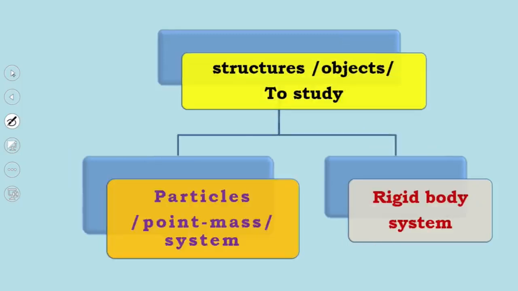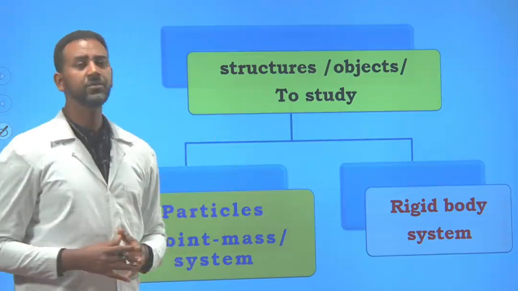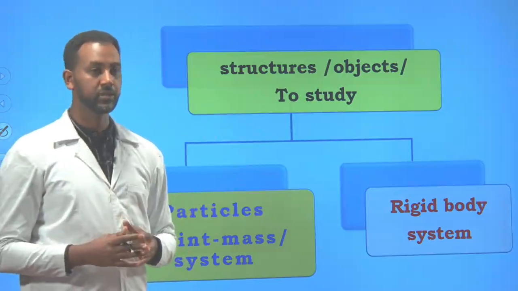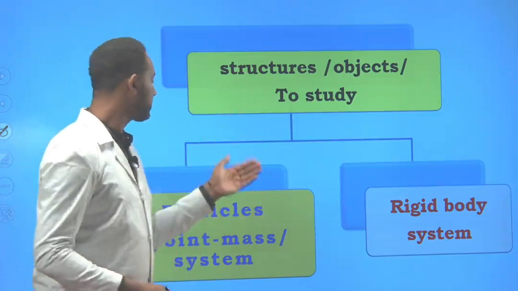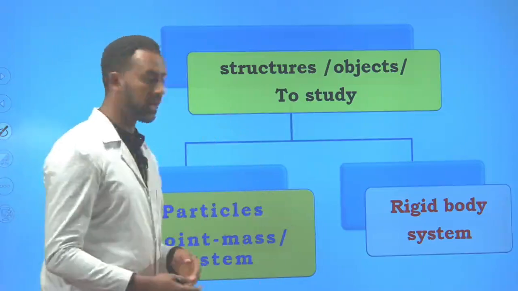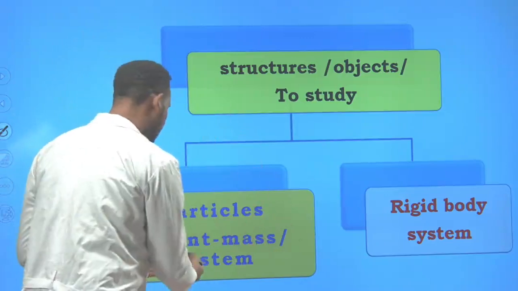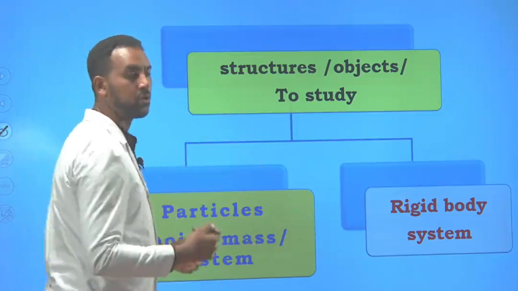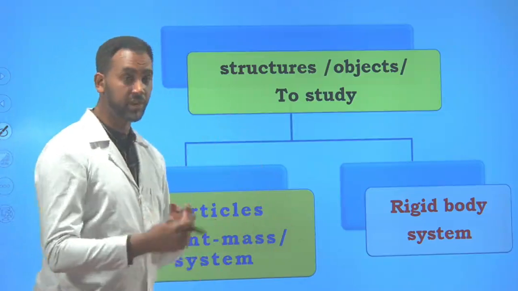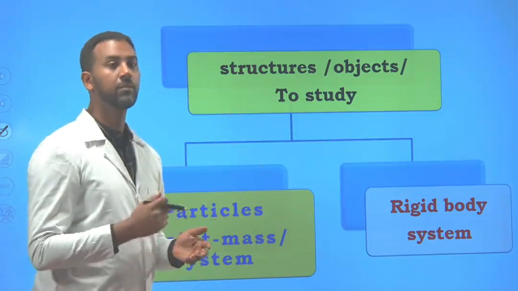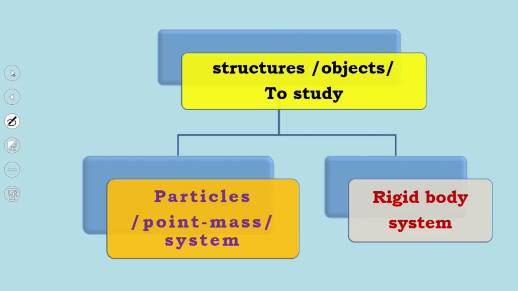The other point that we emphasize is the objects that we are going to study. There are different structures or objects to be studied, and these might be categorized into two: particle system, or point mass system, or sometimes you can say mass string or rope system, and rigid body system.